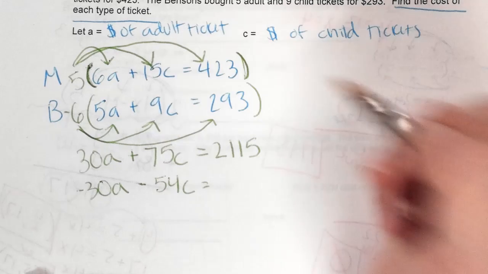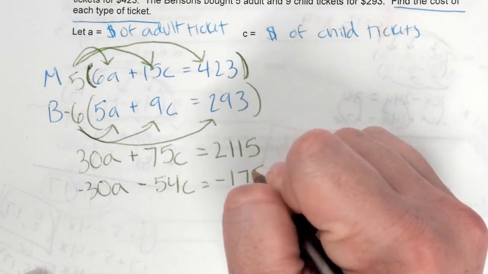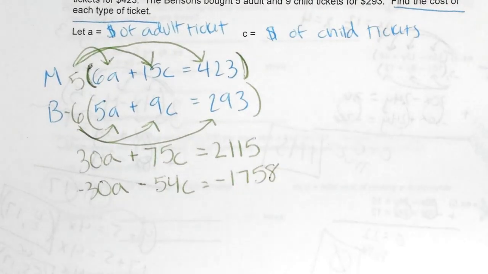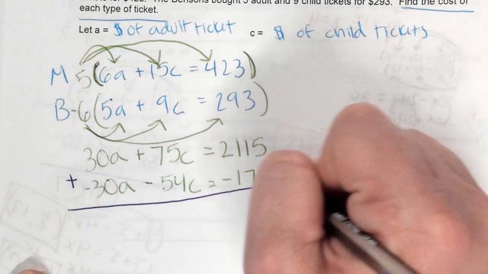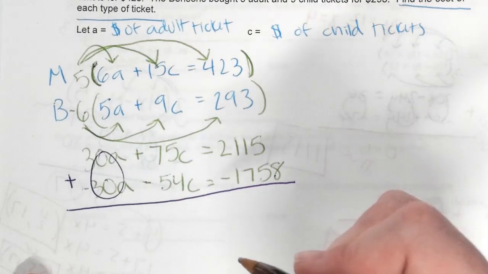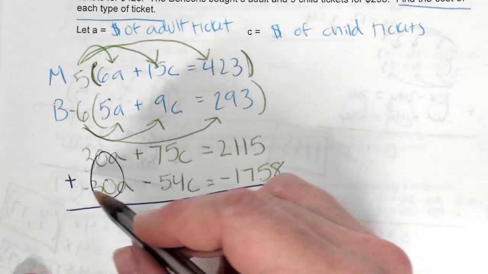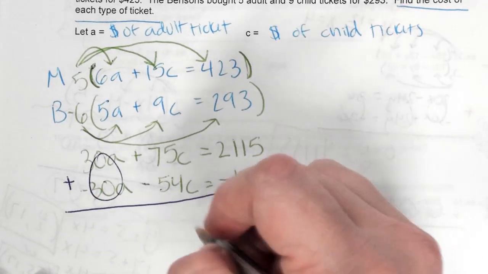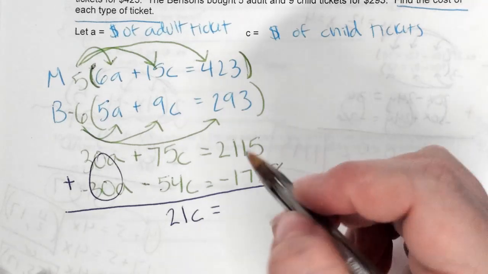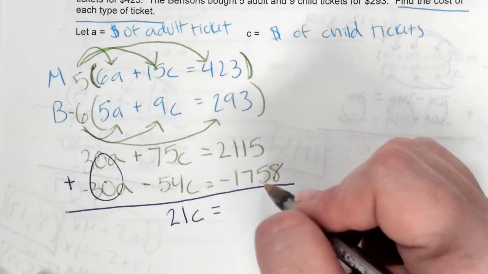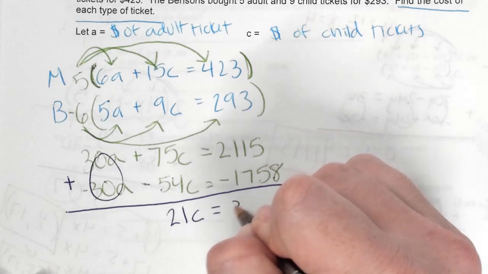And negative 6 times 293 is negative 1,758. Now do I have a zero pair? Yes. So it's ready for me to have a big addition problem. That zeroes out. 75C plus negative 54C is 21C. 2,115 plus negative 1,758 is 357.